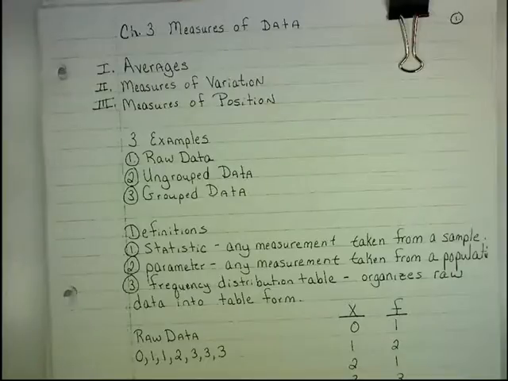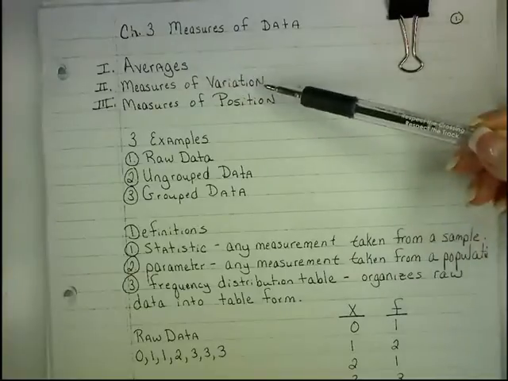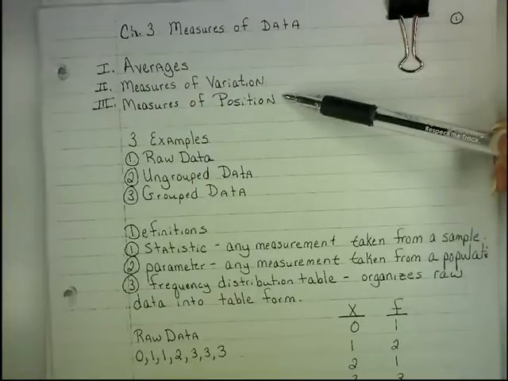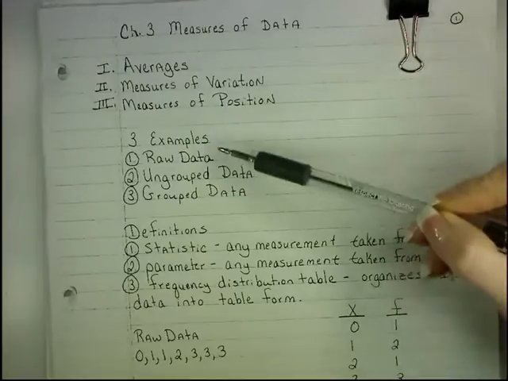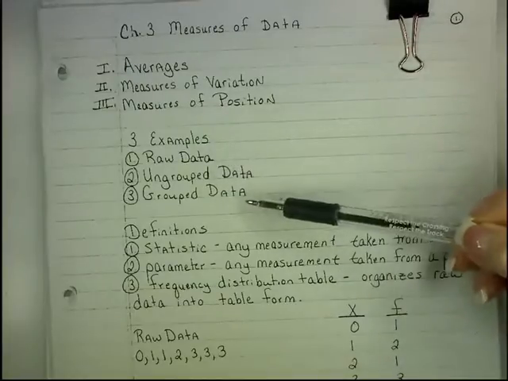So all in all, there are 5 averages in Chapter 3. Remember, after the lecture on averages, we then will move to the measures of variation, standard deviation, and finally, measurements of position. For each section, I will be showing you 3 examples: raw, ungrouped, and grouped.